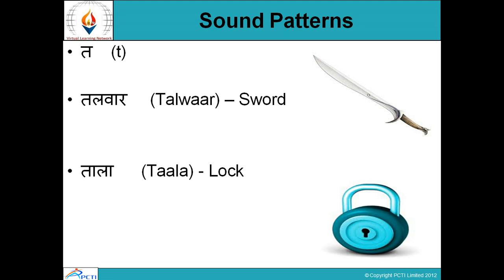Nowadays we have bombs and all, nuclear bombs. We don't use these kind of things, but it was used during earlier times in wars, these kind of swords. Usually kings do have them. Sword in Hindi we call it as talwar.